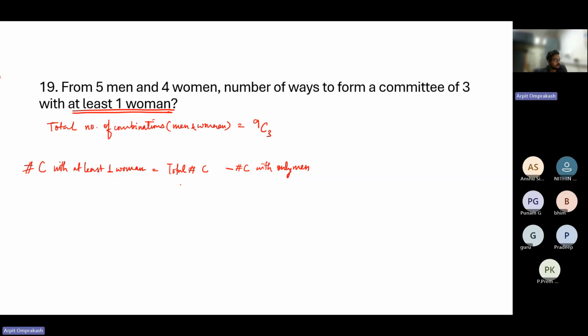So that's another easier way to think about it. We know the total number of combinations is 9C3 because you have 9 people, and out of that, 3 people you have to choose to make a committee.